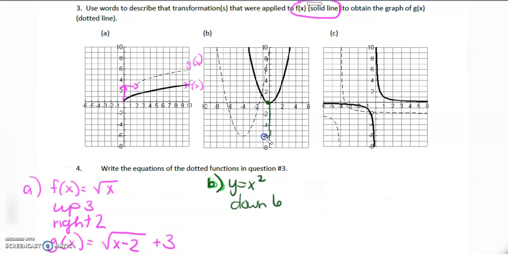And then left 1, 2, 3, 4. So we have g(x) equals x plus 4, because it's left 4, squared, down 6, minus 6.